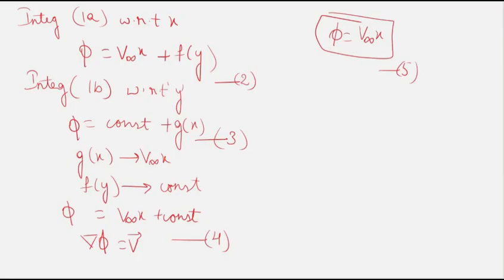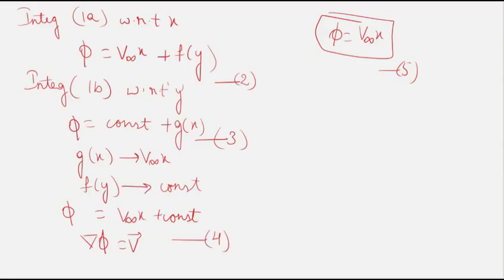Now this equation 5 is the velocity potential for a uniform flow with velocity V infinity, which is oriented in the positive x direction. One more thing to be noted about this velocity potential, given by equation 5, is that it does not depend on the assumption of incompressibility.